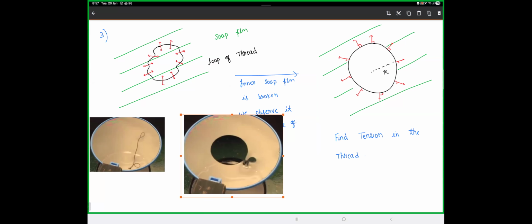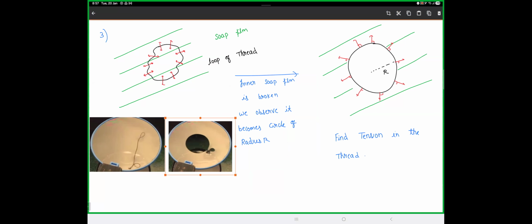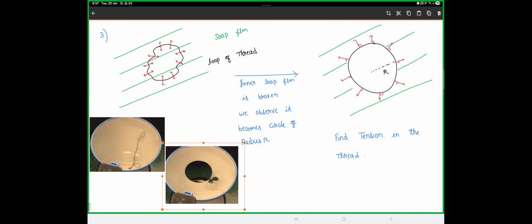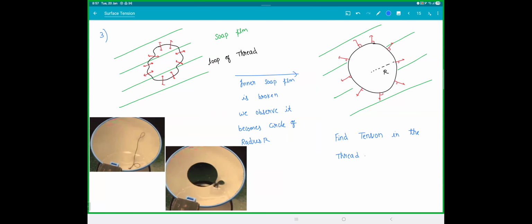This is the picture when you pop it inside. Let's get this. Remember where we saw this kind of question before?